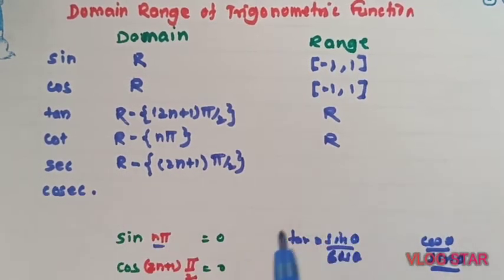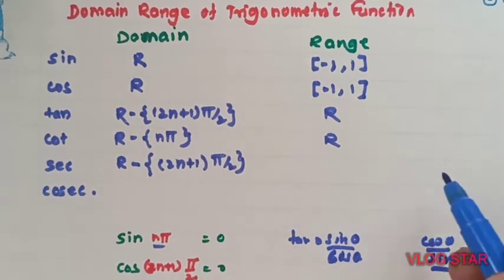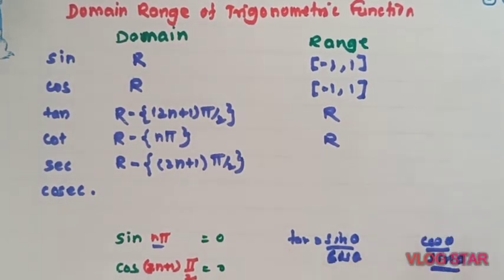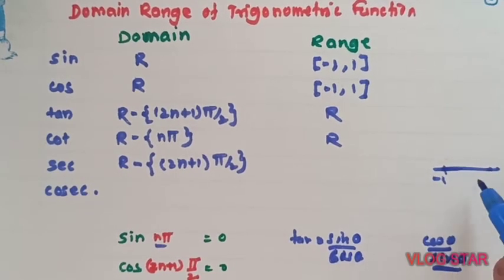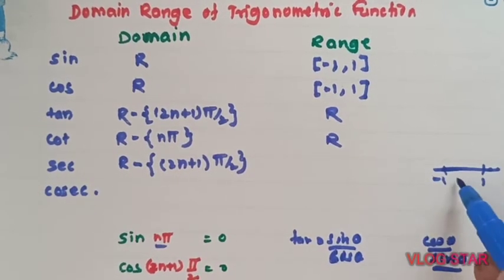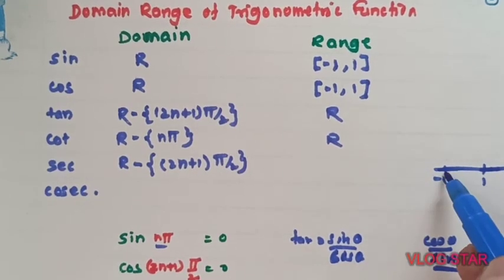So what will come in its range? The range would be beyond. If I see this in the form of an interval, if I want to draw the graph, the range will not lie between -1 and 1, means it is either towards the right, greater than 1, or less than -1.